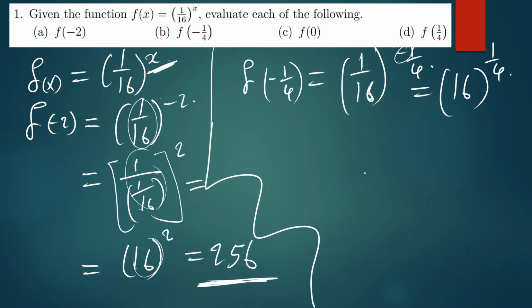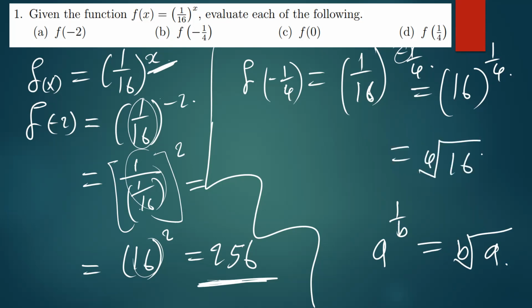And then in exponential functions, whenever you have a number a raised to the power 1/b, this is just the same as the bth root of a. So if we have 16 and 1/4 as the power there, it means we're going to have the 4th root of 16.